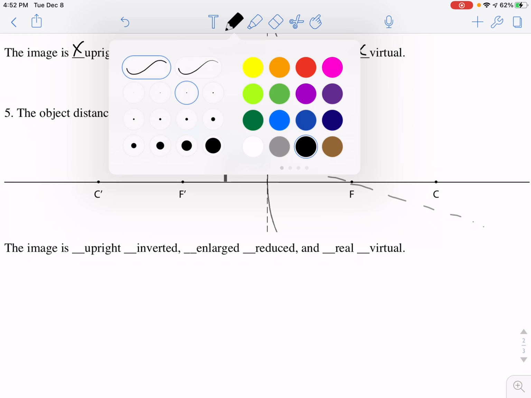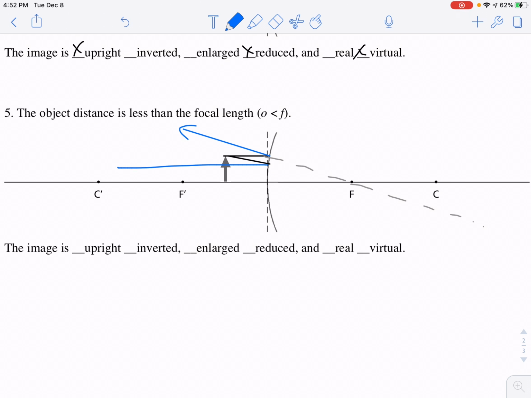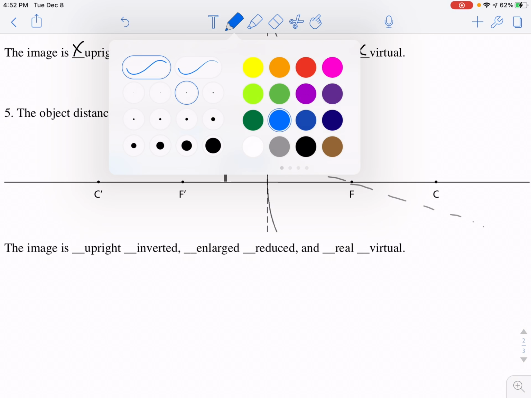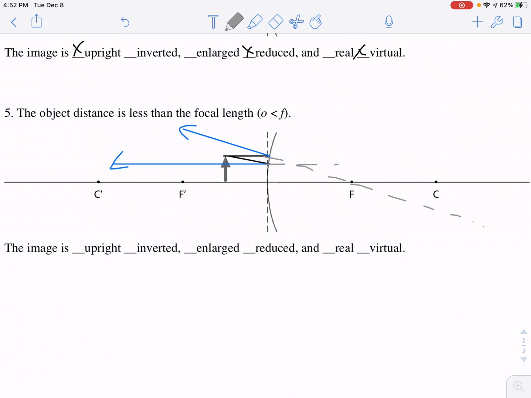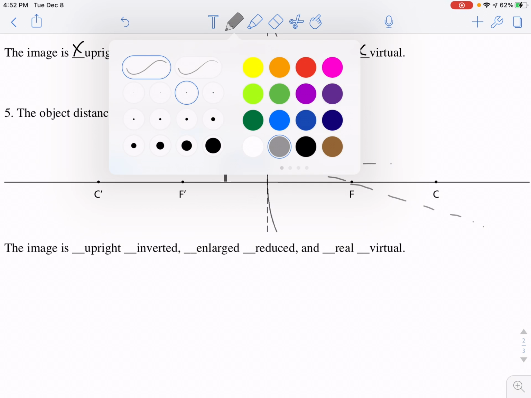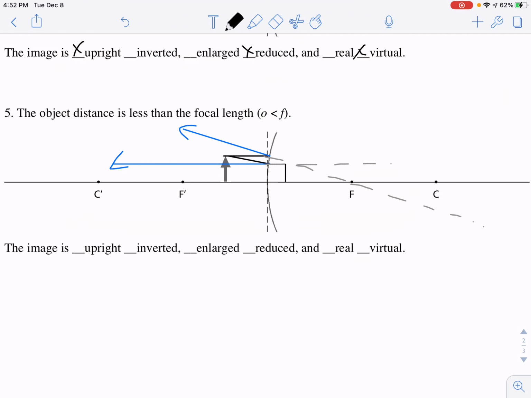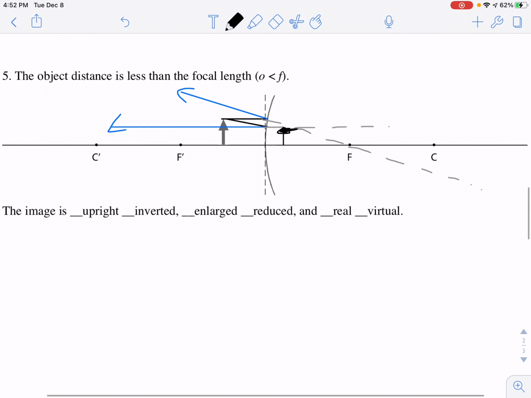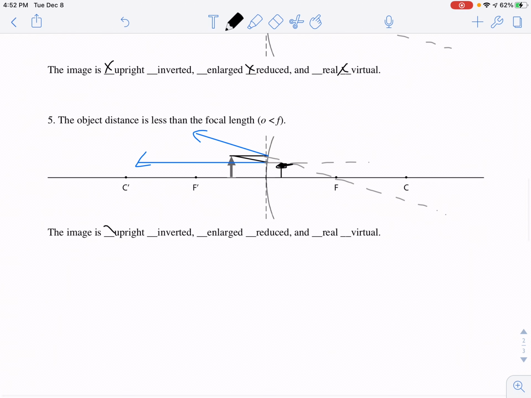It doesn't quite make it. It hits the mirror and reflects parallel. Still producing an upright, reduced, virtual image.